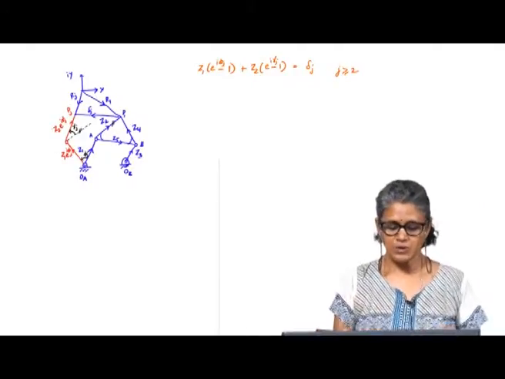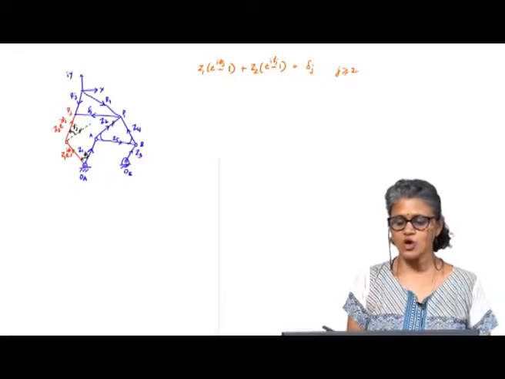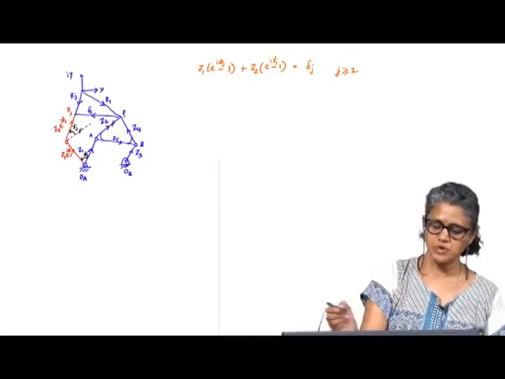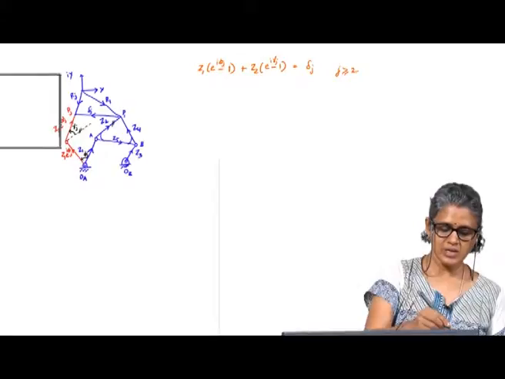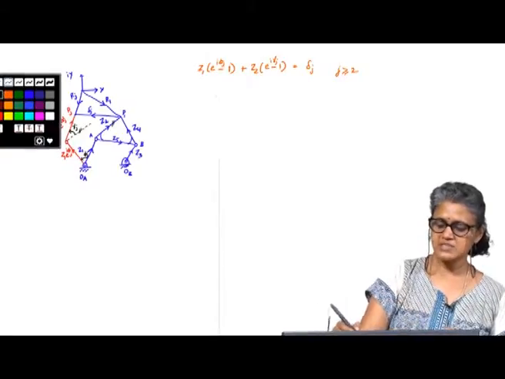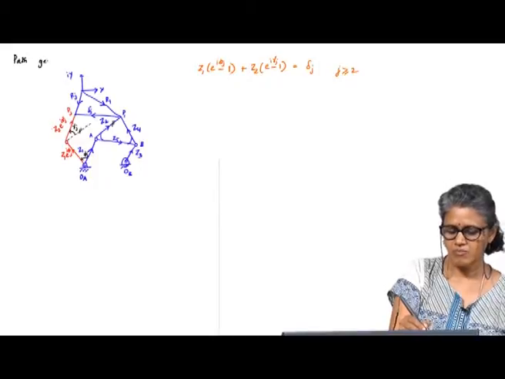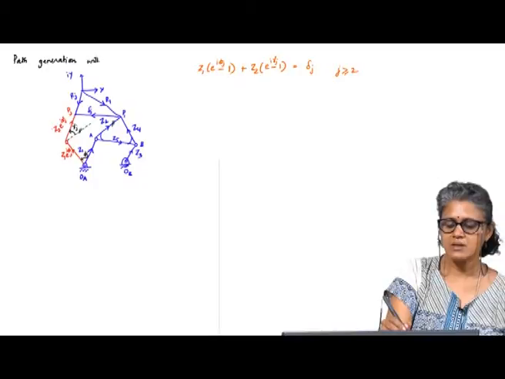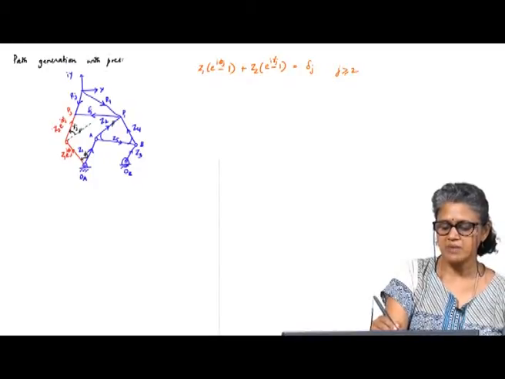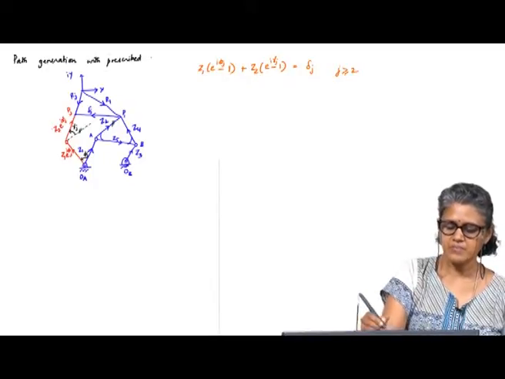Now, if I want to solve a path generation problem, so, let us say we are looking at path generation with prescribed timing. What does that mean?